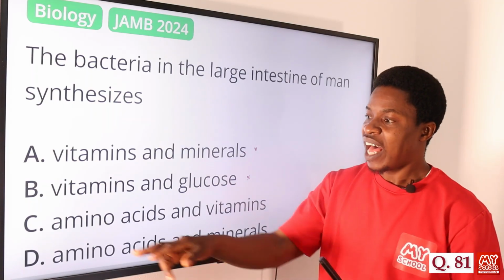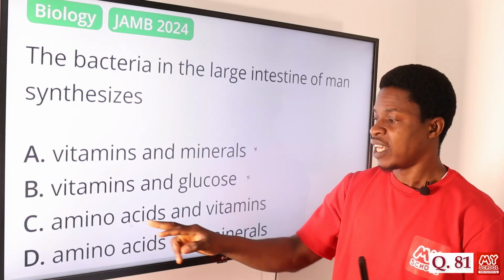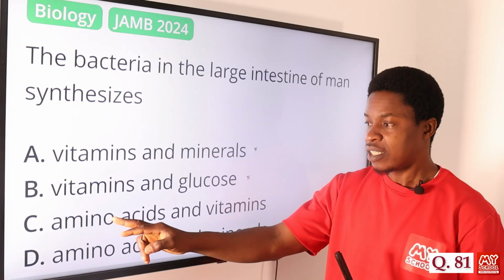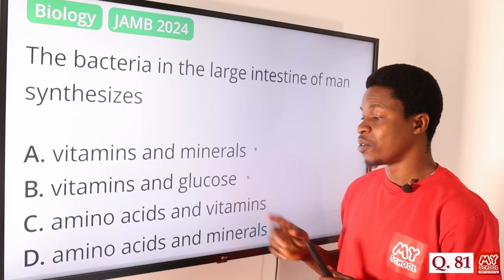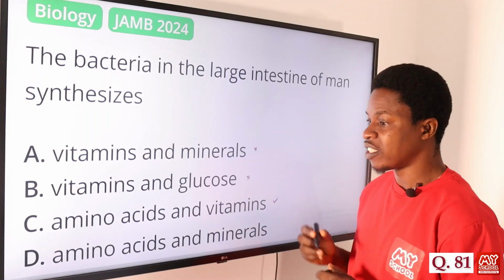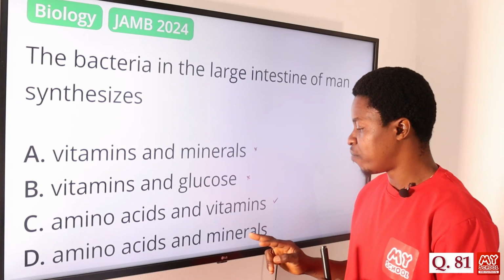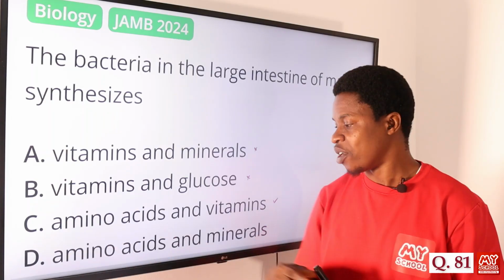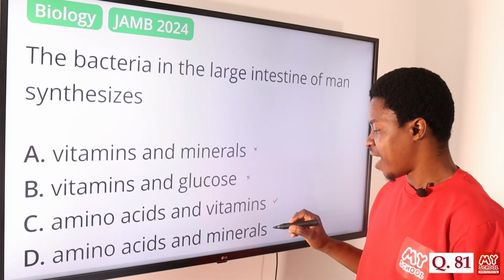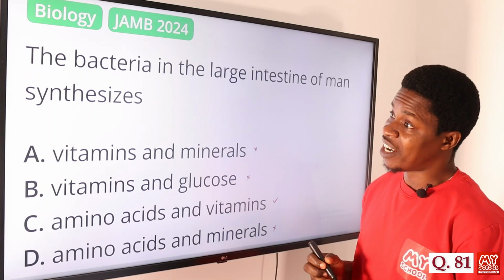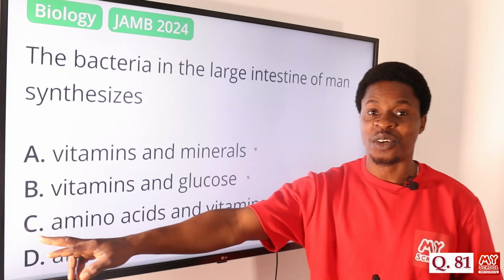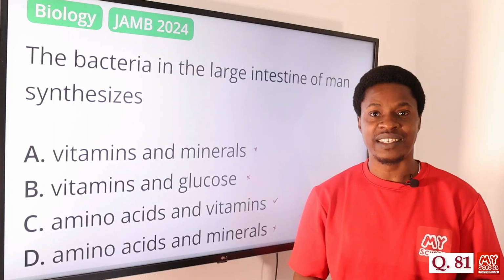Option C says amino acids and vitamins. Yes, they synthesize amino acids and can also synthesize vitamins. So this is correct. Option D says amino acids and minerals. Amino acid is correct, but minerals make this option nullified. So this is not correct. The correct answer here is option C, amino acids and vitamins.